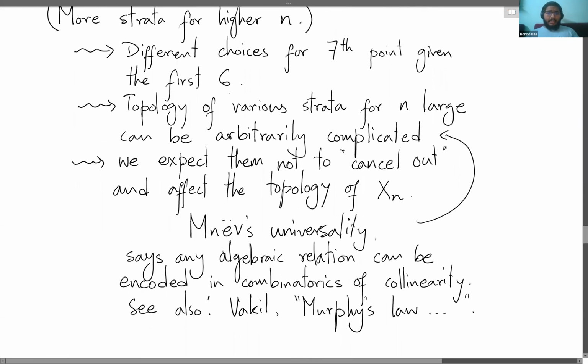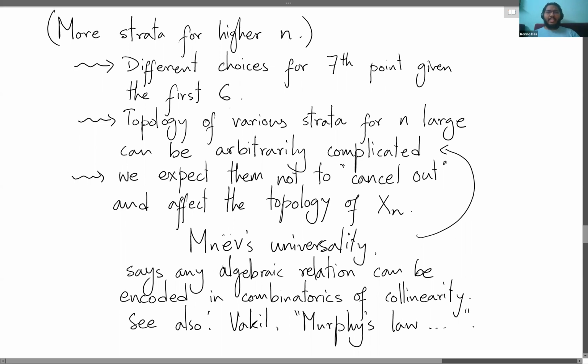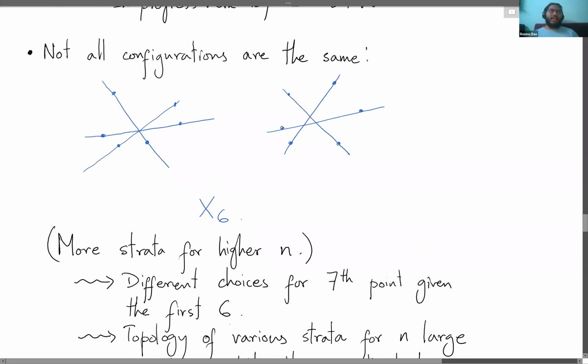So what this means is we should expect the problem for n large to be as hard as it can be. If you could solve this problem for Xn, this is not quite a proof, because it's just talking about the strata, and it could miraculously happen that all of this complication in the different pieces cancels out when you're talking about Xn, but that just seems unlikely.